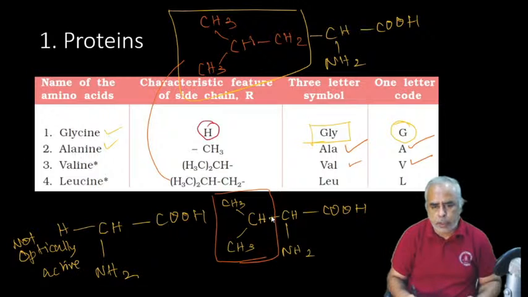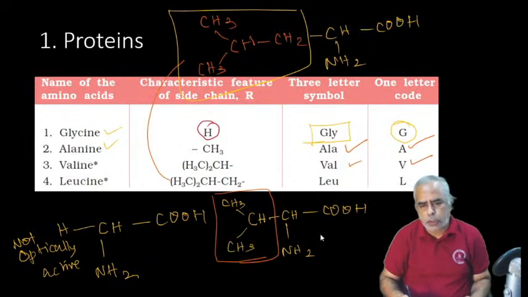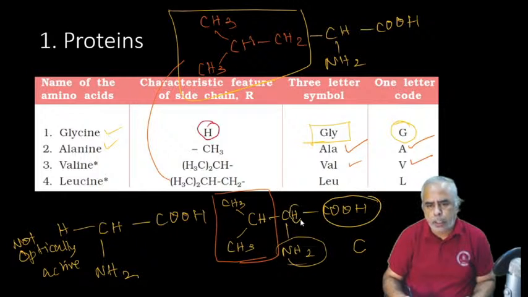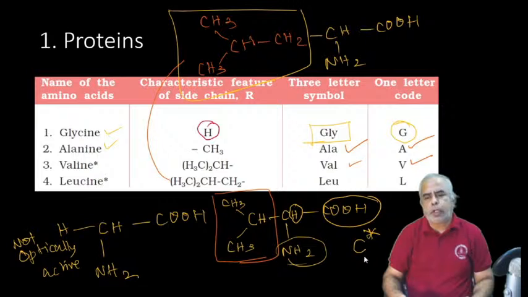Whereas the remaining amino acids are optically active because this carbon atom is attached to different atoms or group of atoms. For example, in the case of valine, it is attached to isopropyl group, amino group, COOH group, and then H. So all are different, and that is why it is having asymmetric carbon atom.